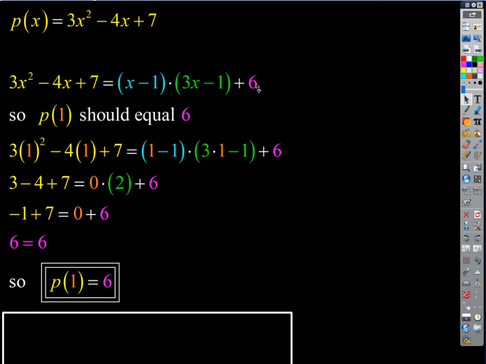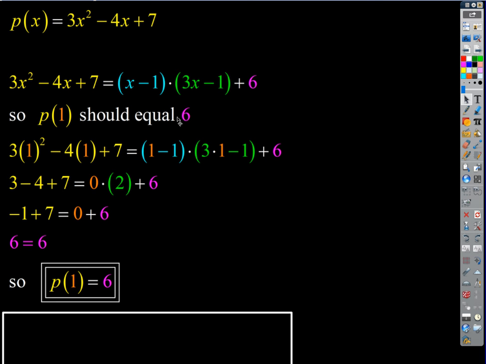Doesn't it have to work that way, though, right? If we're going to evaluate this function at the zero of this linear factor, that product is always going to cancel to zero, and so we're always going to be left with only the remainder on the right side of the equation. That gave us a huge trick there, right?